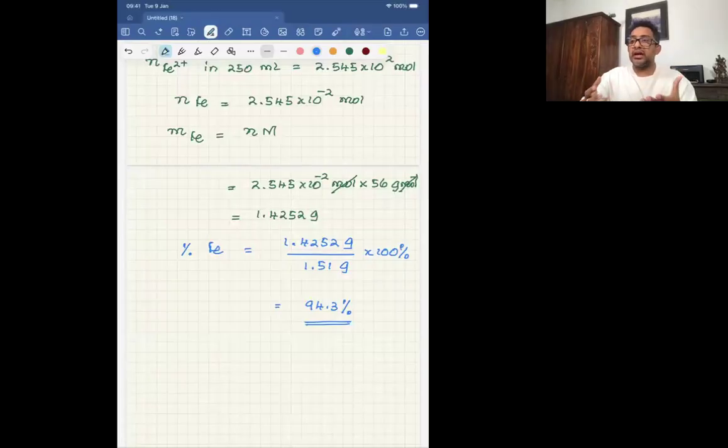It's like this: if the total is 25 marks and you got 23 marks, what is the percentage? 23 divided by 25 multiplied by 100. That is the mass percentage, right? Why is it not 8.52 grams? 8.52 is the second question.